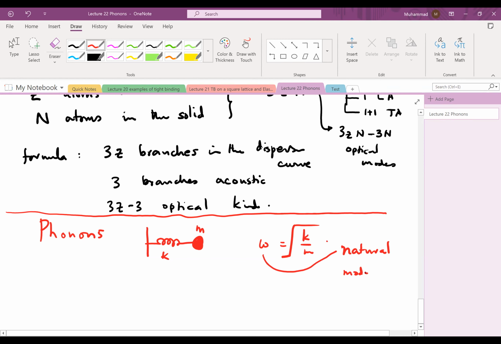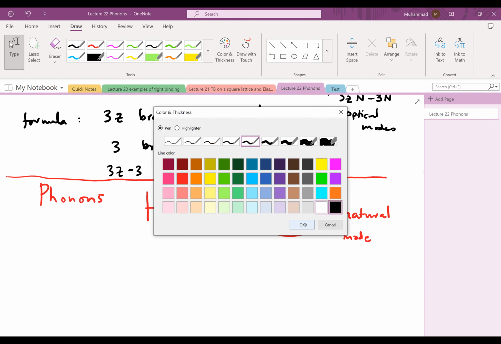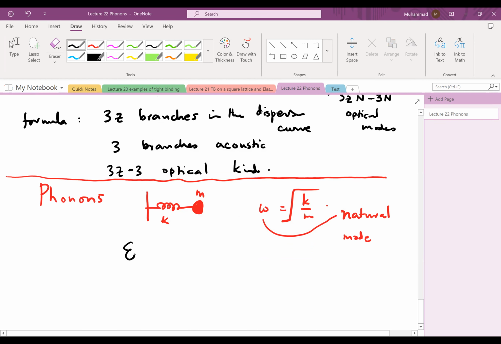You can call it a natural mode. Now, if we were to make this a quantum harmonic oscillator, then the correspondence principle states that the energy of this oscillator is going to be quantized, and it's going to be given by h bar omega (n plus half), where omega is the classical normal frequency. So the energy gets quantized.